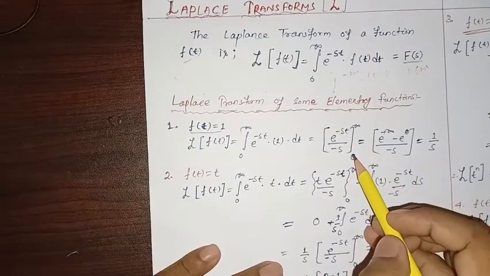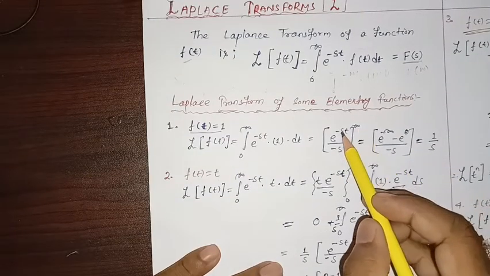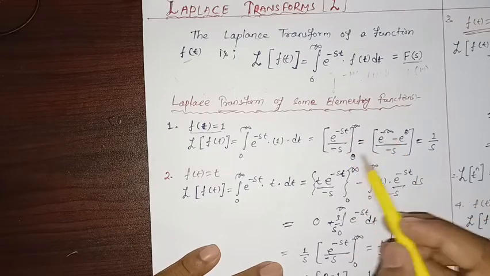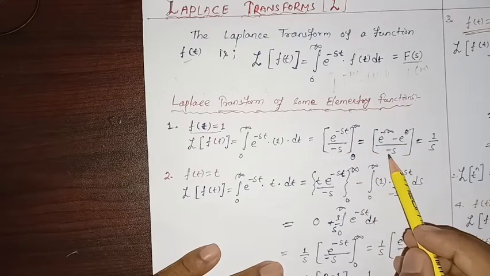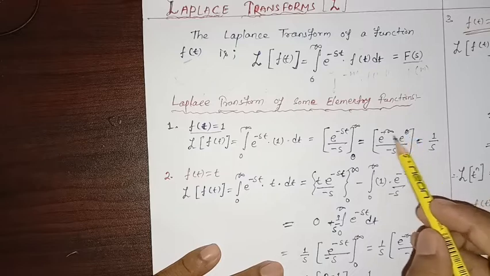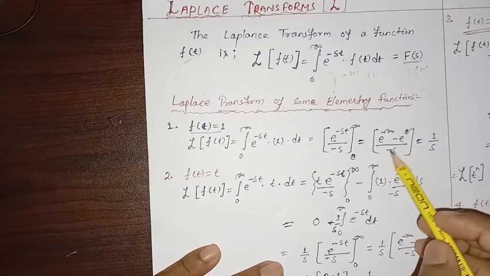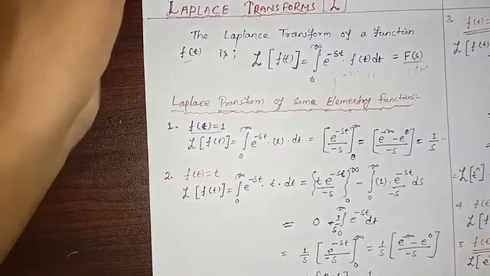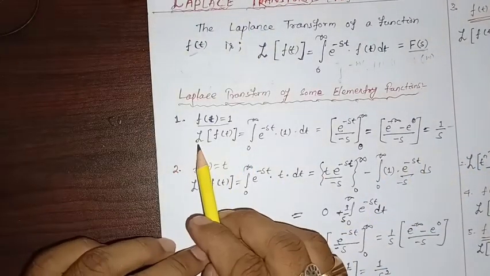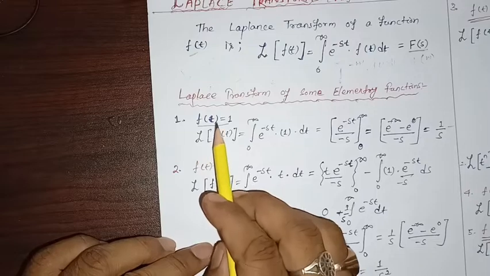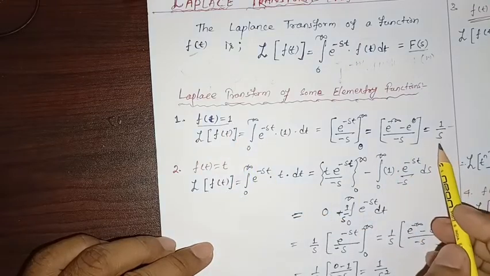You put the upper limit and lower limit: infinity gives e to the minus infinity, and 0 gives e to the 0, all divided by minus s. Here e to the power minus infinity is 0, and e to the 0 is 1. So the minus signs cancel, and we find 1 by s. Here we found the Laplace transform of the function 1 is 1 by s.